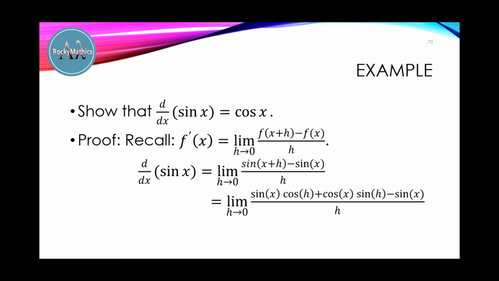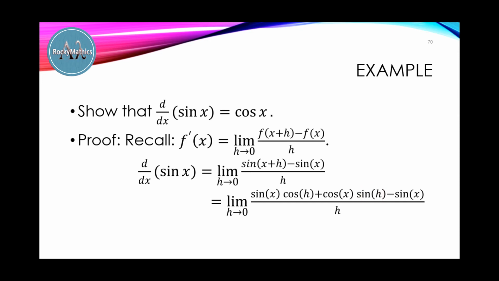Simplifying this one, we can now use the trigonometric identity. What's the equivalent of sine of x plus h? This is equal to sine x times cosine h plus cosine x times sine h, minus sine x.